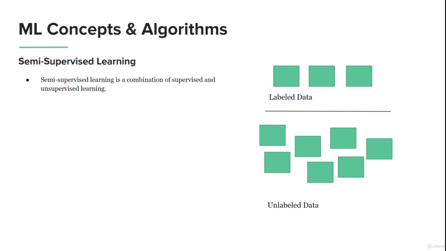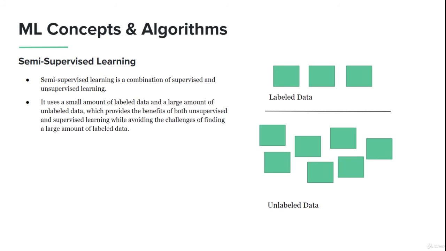And then we have the semi-supervised learning. So the semi-supervised learning is a combination of supervised and unsupervised learning, right? Very simple explanation there. It uses a small amount of labeled data and a large amount of unlabeled data, which provides the benefit of both unsupervised and supervised learning while avoiding the challenges of finding a large amount of labeled data.